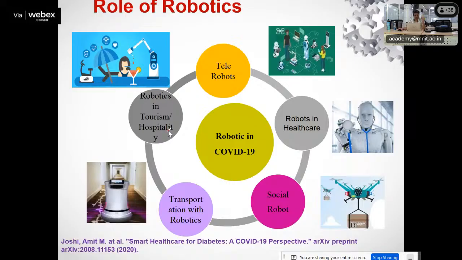So robotics will play a very crucial role in our healthcare domain. Even during the COVID period, we observed that drones were used for food delivery.